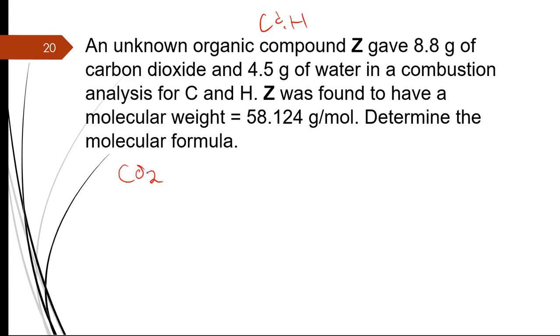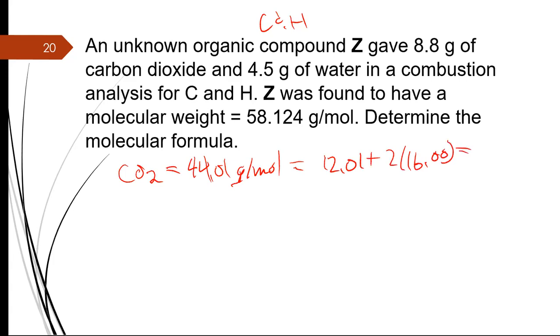So CO2. Now CO2 has a molar mass of 44.01 grams per mole. I found that by taking carbon's 12.01 and 2 of my oxygens to figure out that molar mass.